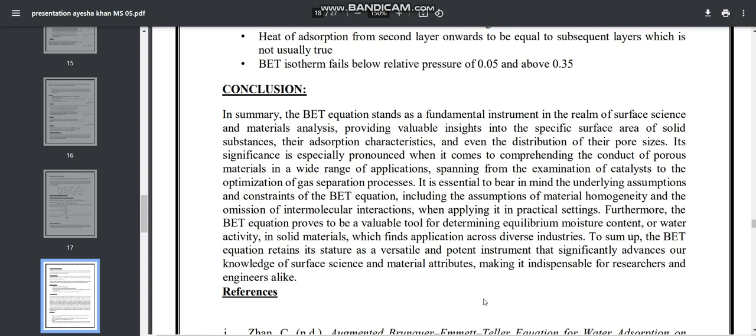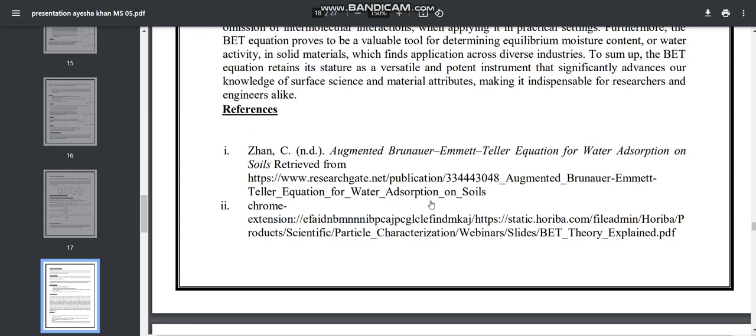Moreover, the BET equation is a useful tool for determination of water activity on solid surface materials, making it valuable in different industries. Overall, it remains a powerful tool that contributes to our understanding of surface science and material properties for researchers and engineers. The next we have the references.